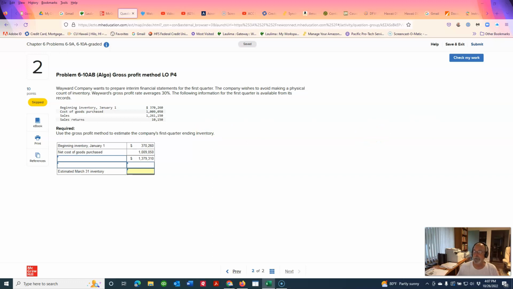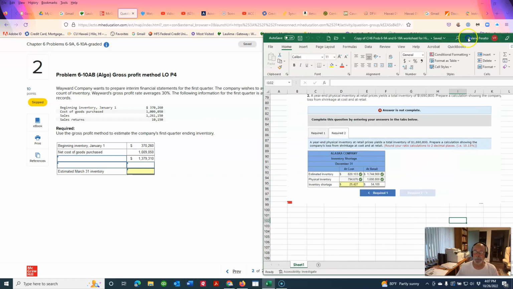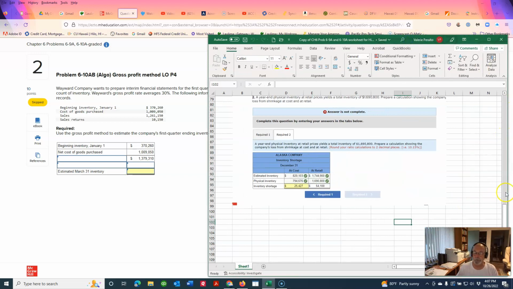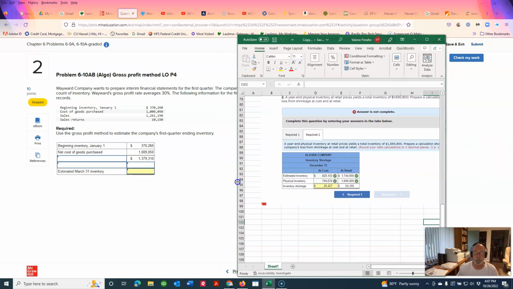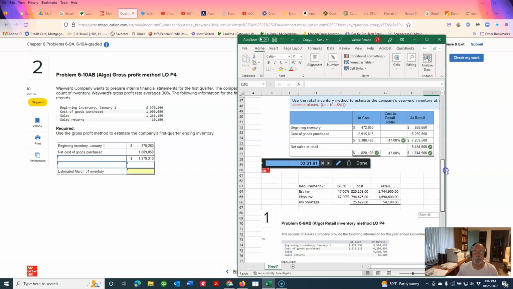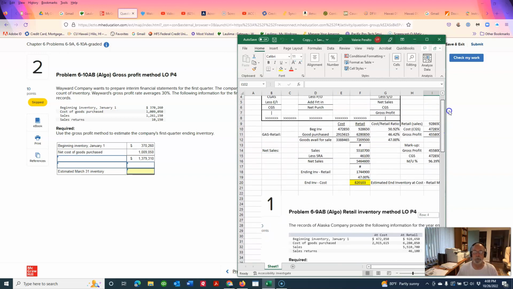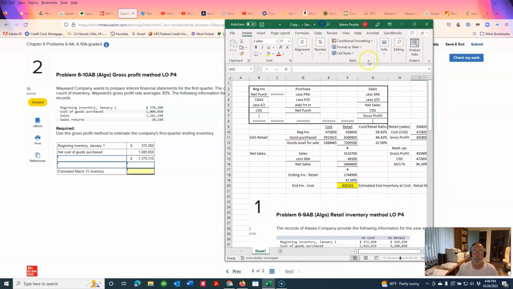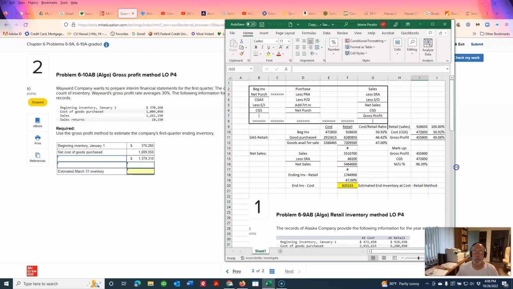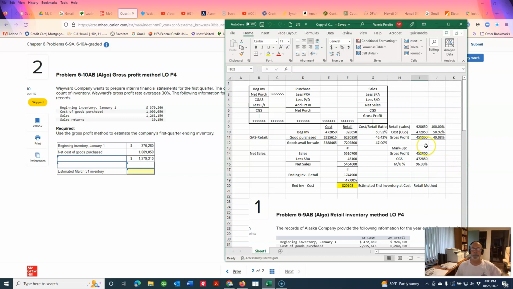Now, not sure if you recall from yesterday when we were working with the retail method, we did use gross profit percentages as part of our calculations. Let's see if we can get that here. Just a quick refresher.